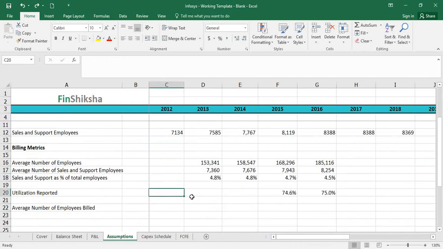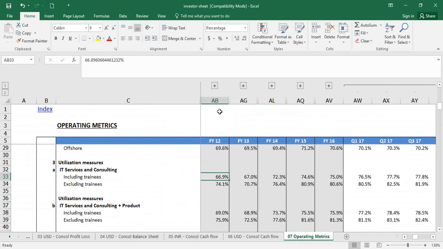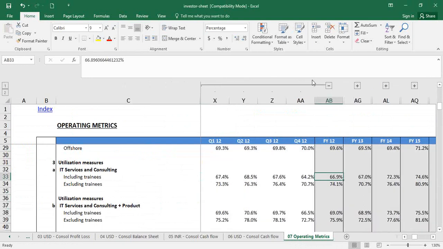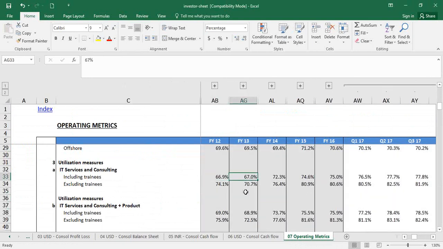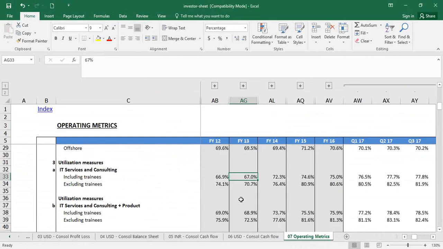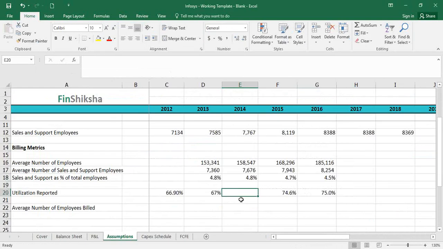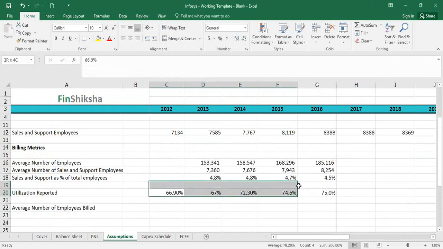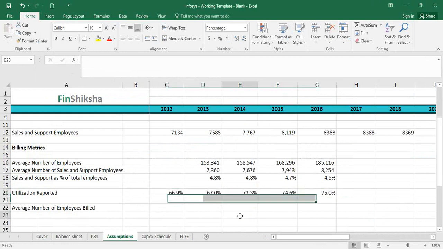I think they are giving quarterly data as well, which is hidden here, and that's why copying is not working. We just need to put in 67% here, and we need to put in 72.3% here, right? So that gives us the overall data set in terms of the utilization rate for the consolidated IT services.